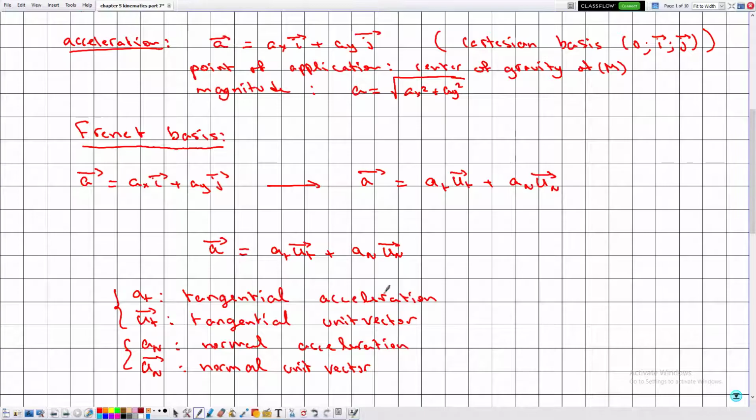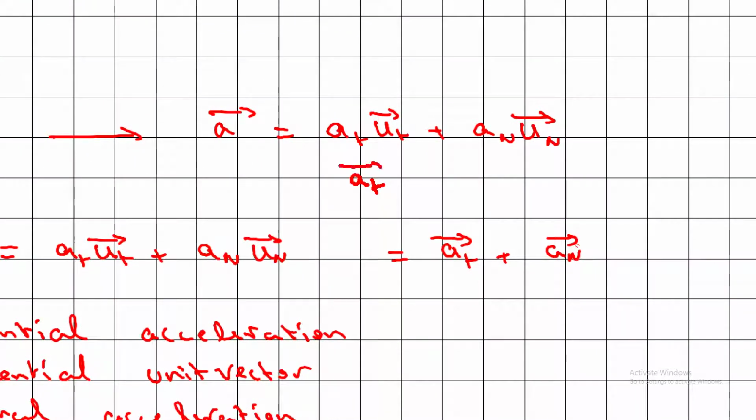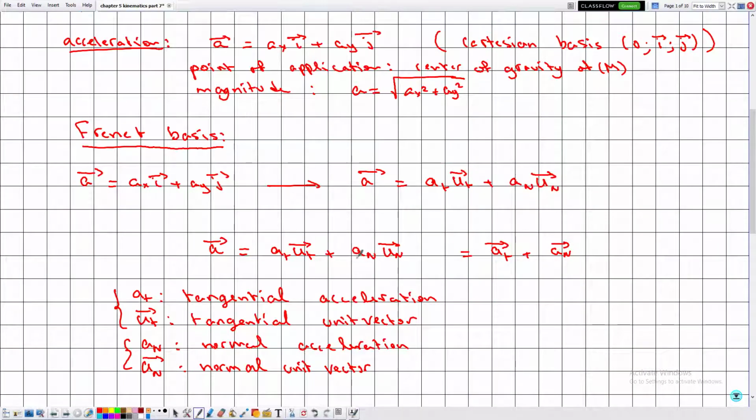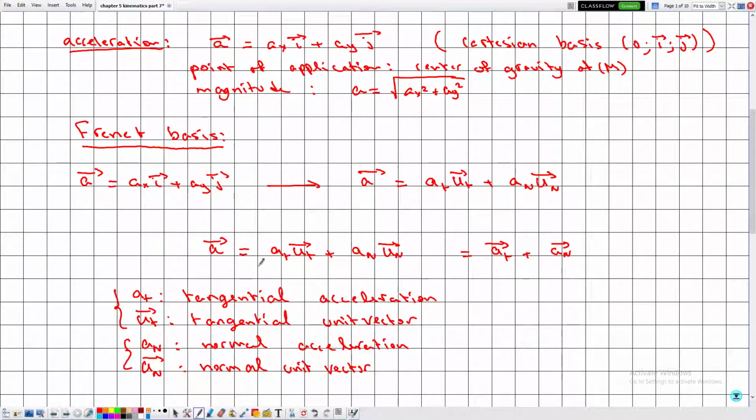This can also be written as a tangential plus a normal, in which a tangential is equal to at ut and a normal is equal to an un. So the acceleration a can be decomposed into two accelerations, at plus an. Whenever we know at and an, we can determine a.